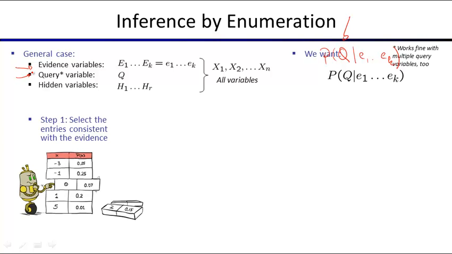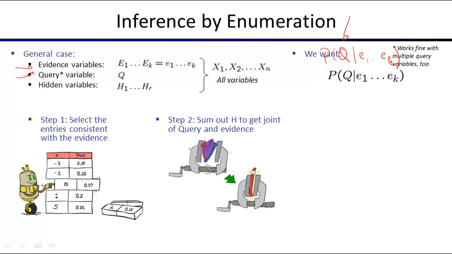How do we do the inference by enumeration? You look at the full table, you knock out the entries that match the evidence. Then you sum out the hidden variables to get the joint of query and evidence. What does that mean? You will look at every possible value the query variable can take on, and the evidence variables are fixed.